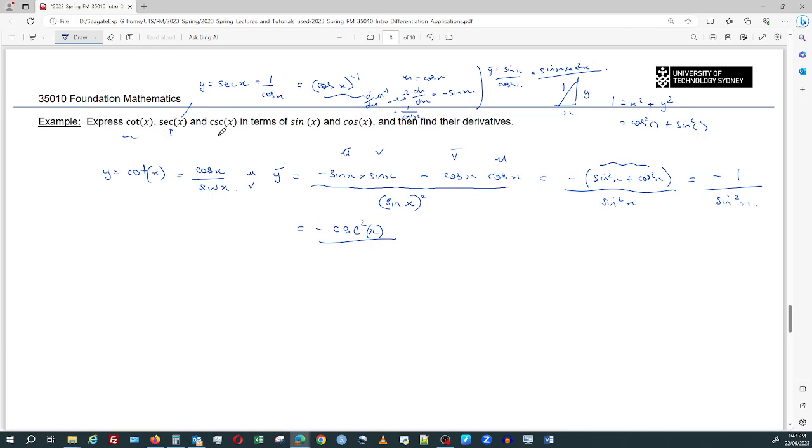Cosec x is 1 over sine. Okay, 1 over sine x, which is sine to the minus 1. So doing the chain rule again.